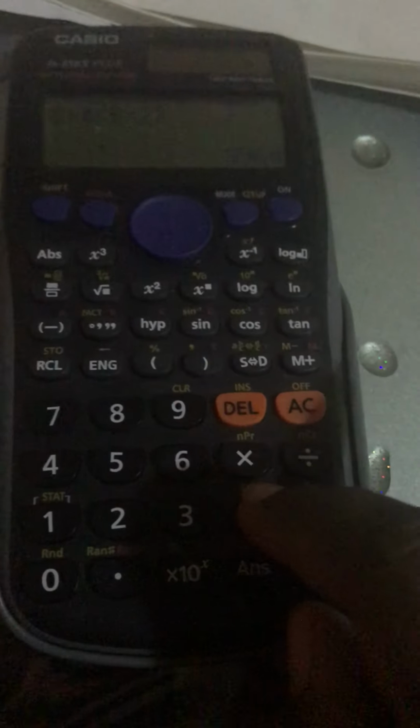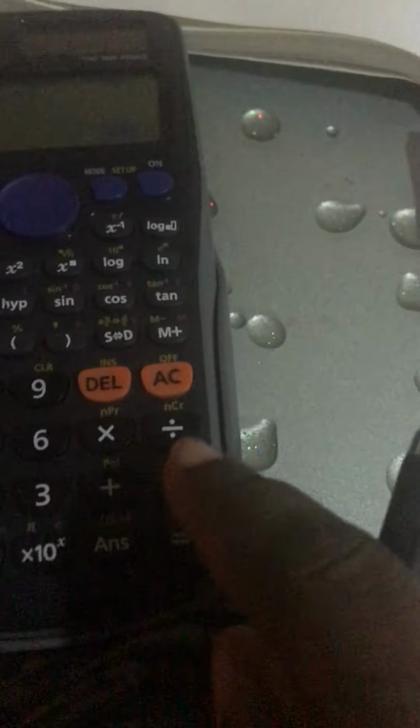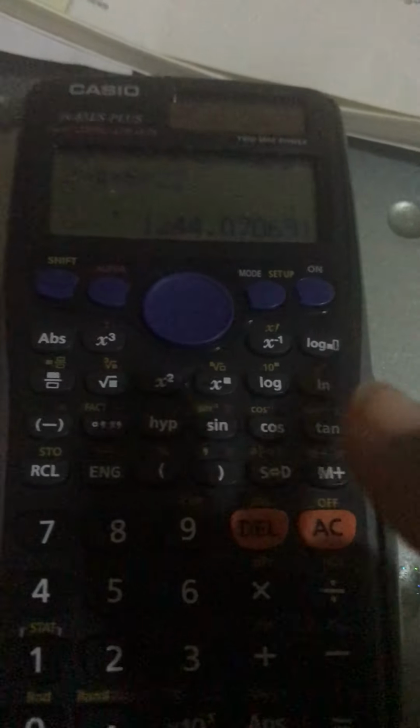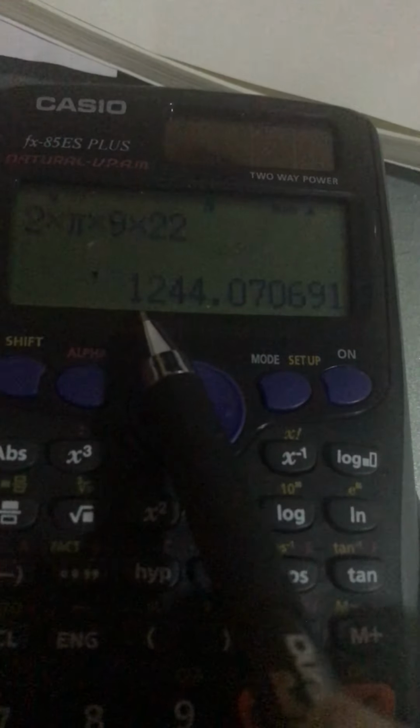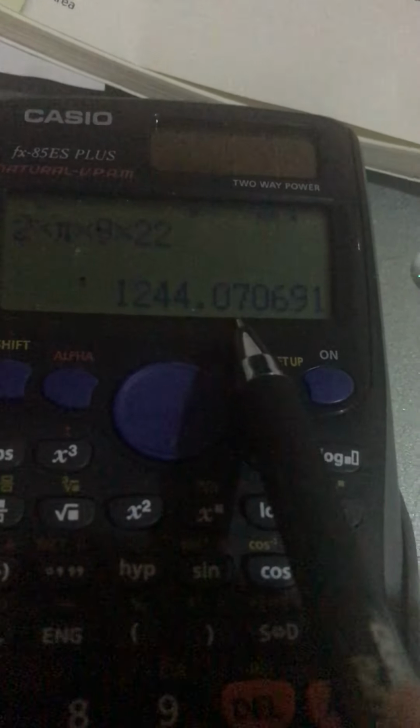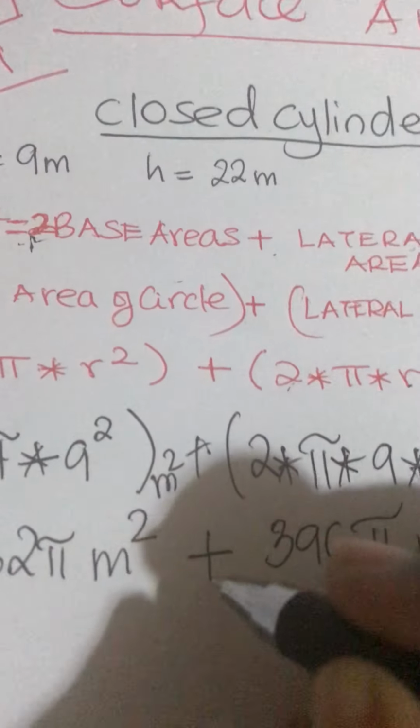396 pi. Now, change this to decimal. That becomes what? 1244.07.